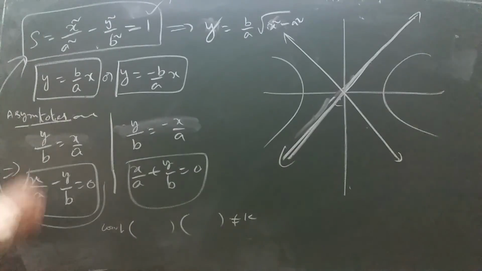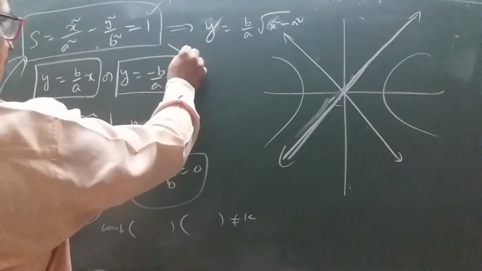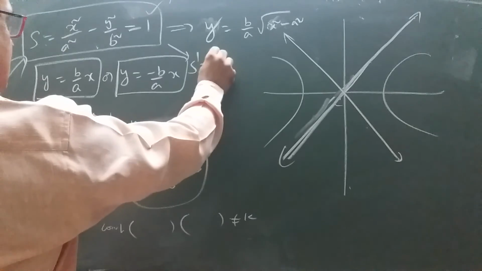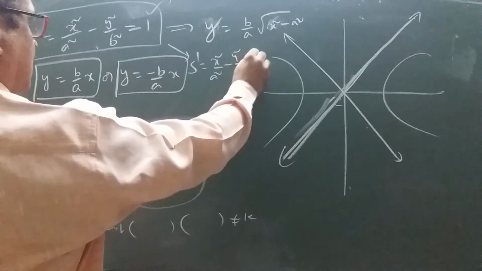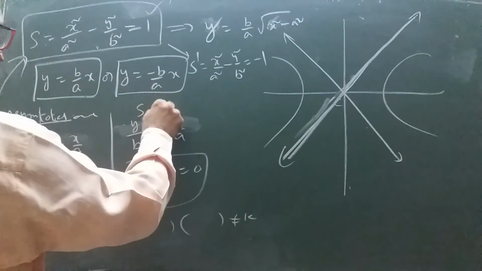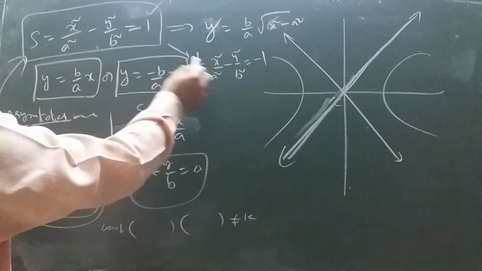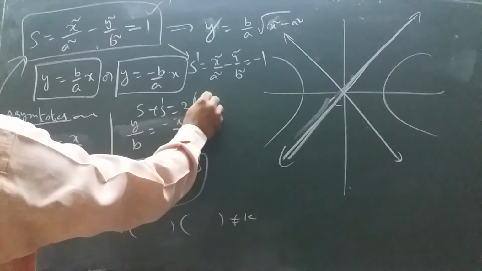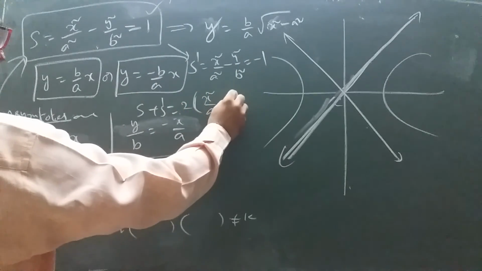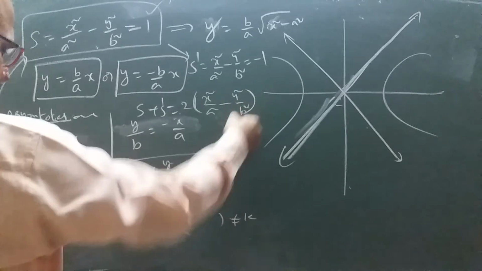Then if S is this much, S dash may be taken as x square by a square minus y square by b square is equal to minus 1. Then S plus S dash is equal to 2 into x square by a square minus y square by b square, as plus 1 minus 1 get cancelled.